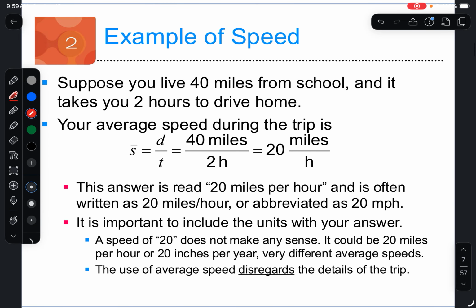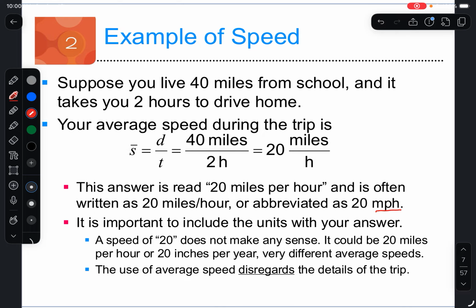So an example would be you live 40 miles from school and it takes you 2 hours to drive. So using our formula for average speed, which is distance over time, we have our 40 miles over our 2 hours. So average speed is 20 miles per hour. Now, a lot of times you will see miles per hour abbreviated as mph.